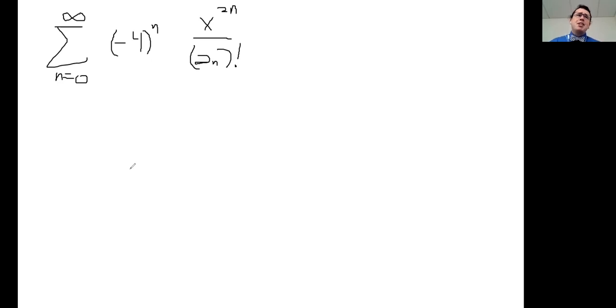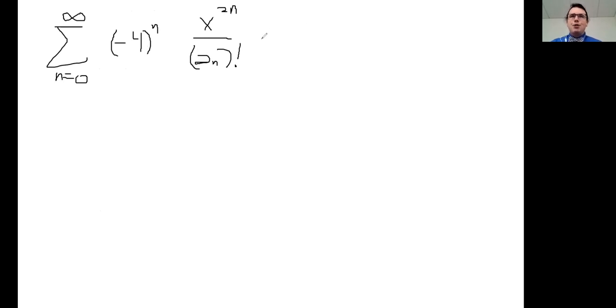Okay, well, once again, this resembles the cosine function. I have a negative thing to the power n, I have x to an even power, I have an even number inside the factorial function. Well, the difference now is I've got this minus 4 to the power n.